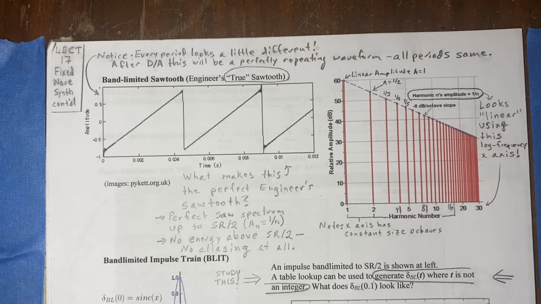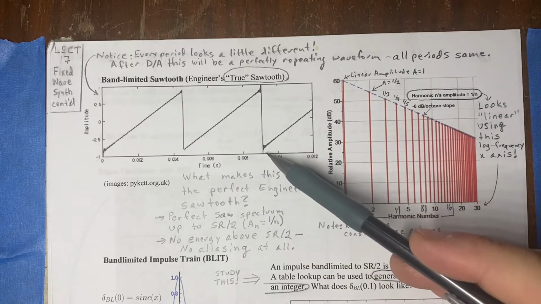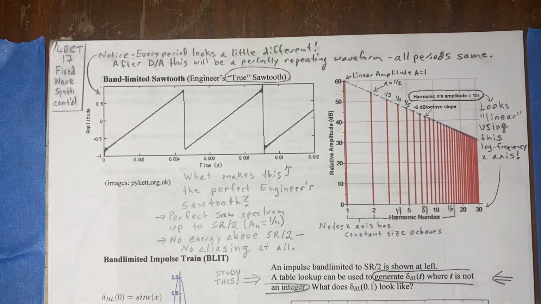And if you look at this closely, the differences are actually kind of striking. Again, here on the negative end, look how different each period is. That's always going to happen. So in digital, even though in analog the waveform is exactly repeating, in digital it is not. You do not have the same samples every period.